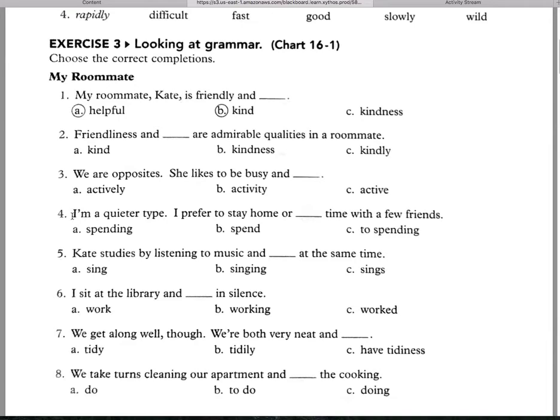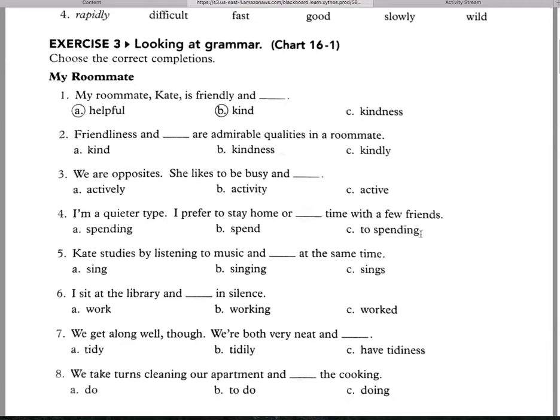Number 4, I'm a quieter type. I prefer to stay at home or blank time with a few friends. So here, to stay, okay, is an infinitive. So, spending, no. Spend, yes, because it's a simple form, and you don't have to repeat to.